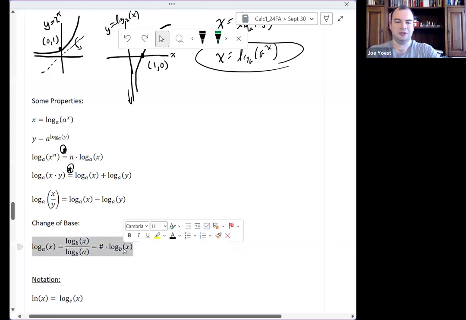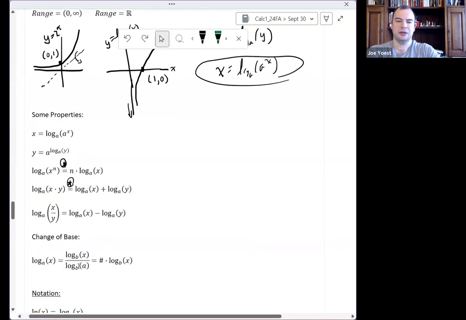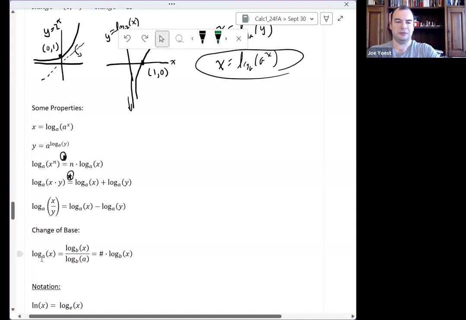And we also have a change of base formula. What if I wanted to say, well, log base a of x, what is that in terms of a different base for a different log? Well, it turns out that log base a of x equals log base b of x over log base b of a.